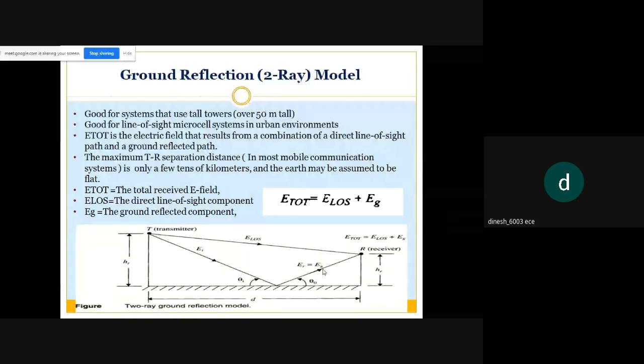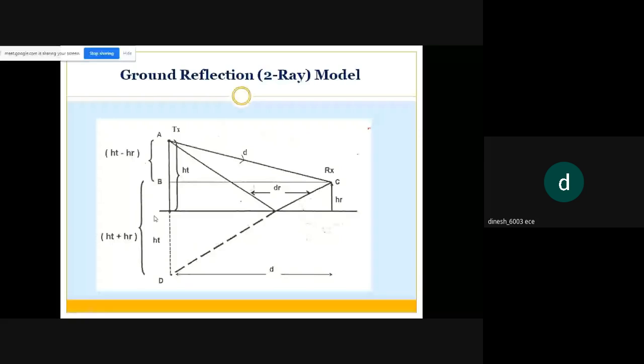This was very much helpful in designing microcell concepts in urban areas. So this is how we have a transmitter, a receiver, which has been separated by distance D. The height of the transmitter is taken as HT, and the receiver height as HR. So you can find this point.